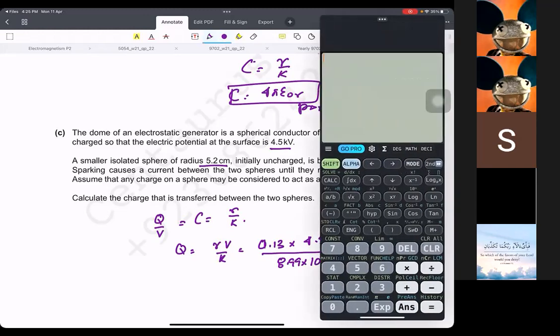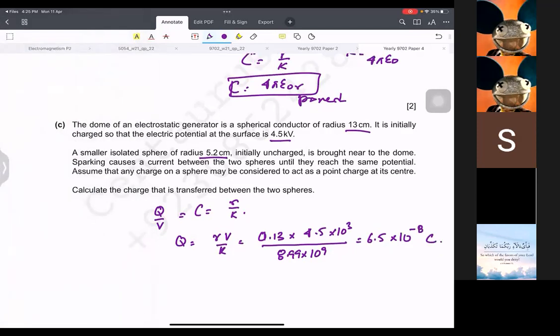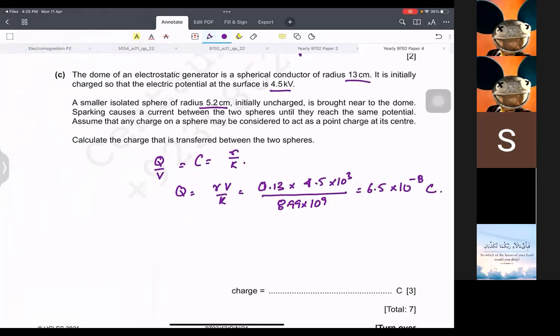Can you please do it with me because I'm making wrong calculations today. 6.5 times 10 to the power negative 8 coulombs. Okay, so we got the total charge which was supposed to be initially there.